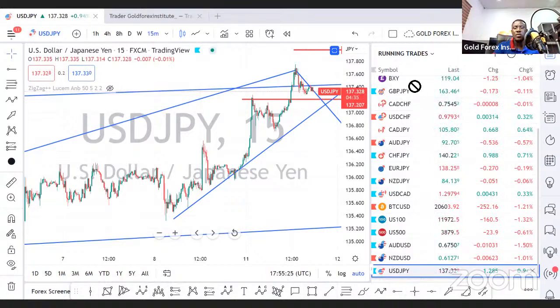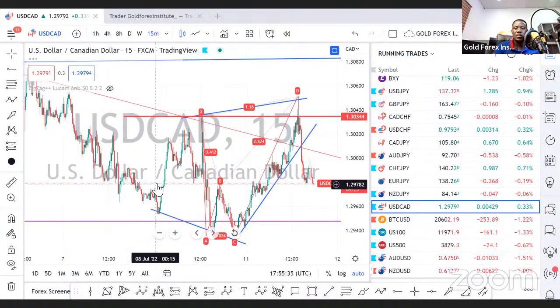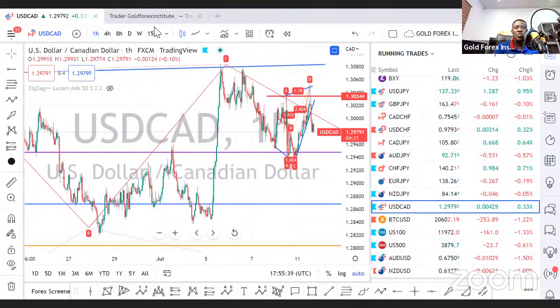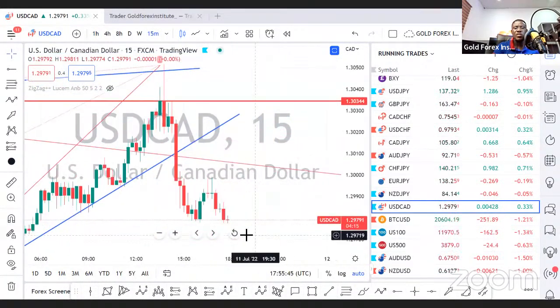Where is the chart? Let me see. This thing should start moving up. It should go up so that we can get some good entry for our trade.